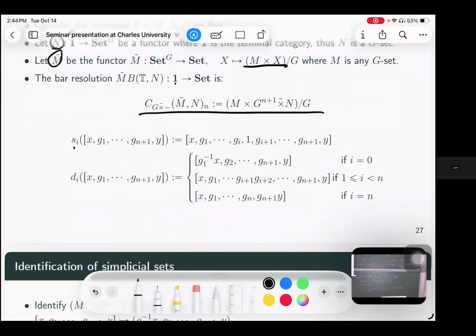For the di's, if i is equal to 0, I multiply on the left, that is, I act on the left by G1 inverse. For i between 1 and n minus 1, I multiply the i plus 1 term and the G i plus 2 term. And if i is equal to n, I act on the y.